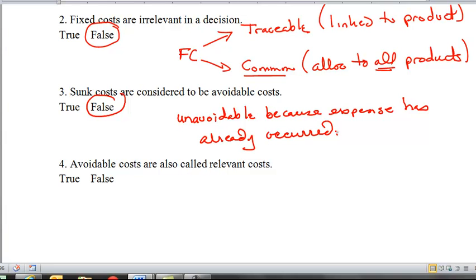Number 4. Avoidable costs are also called relevant costs, and that's true. Avoidable is relevant versus unavoidable equals irrelevant. So 4 is true.